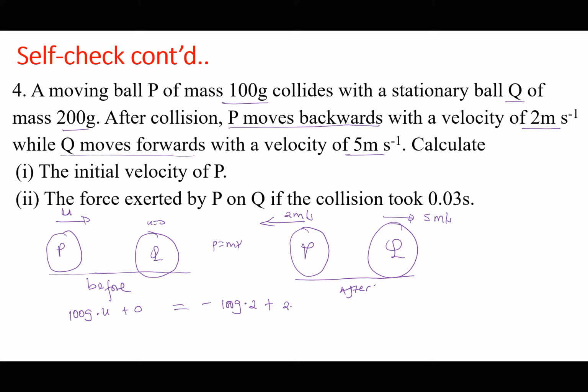Its mass is 200 grams times its velocity, which is 5. So the units grams have cancelled out. So to find U, U is simply going to be equal to 200 plus, I think this is 1000. So this is 1200 divided by 100, which is going to be equal to 12 meters per second. That's what I think. 200, oh, sorry. The other one is negative. Negative 200 plus 1000, that is 800. So this is 8.